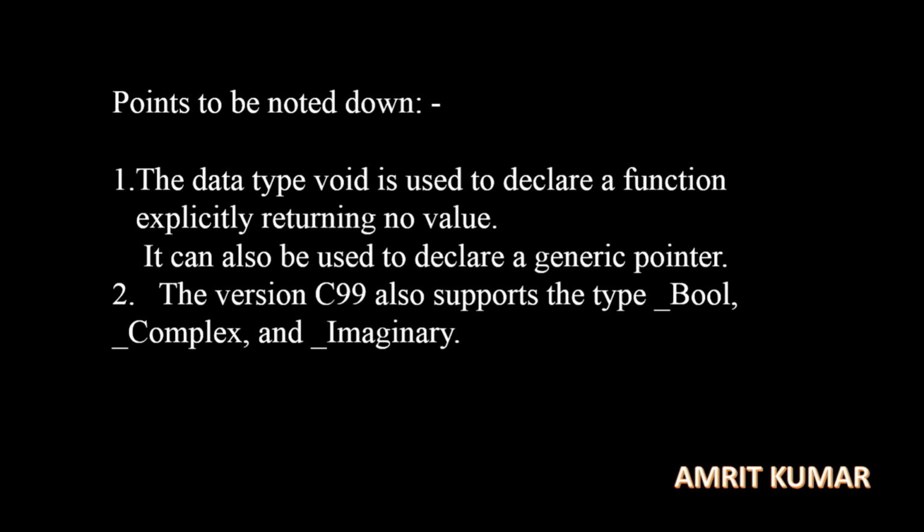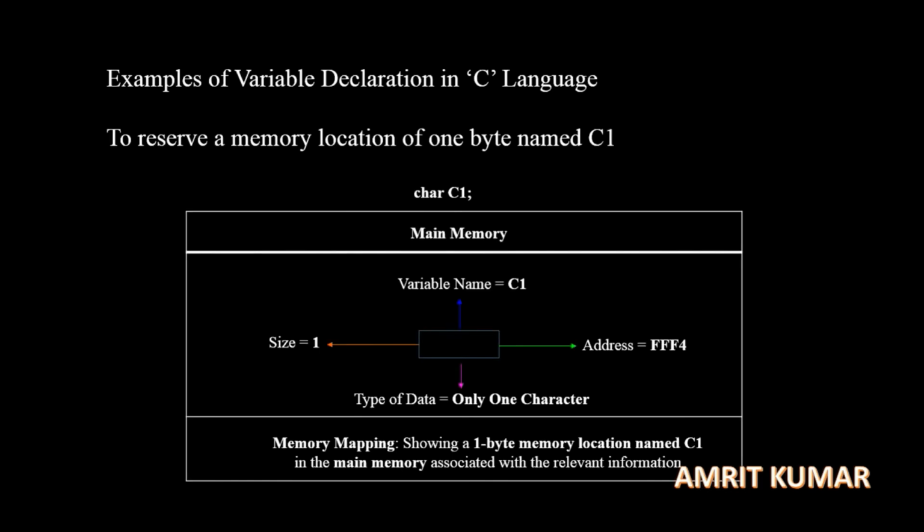So Bool means a boolean value, it can be true or false. _Complex is a complex value that is going to be stored, and _Imaginary means an imaginary value that can be stored. You have to remember this point. So let's look at the example of variable declaration in C language.